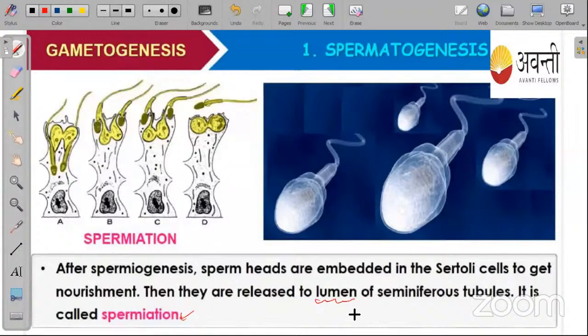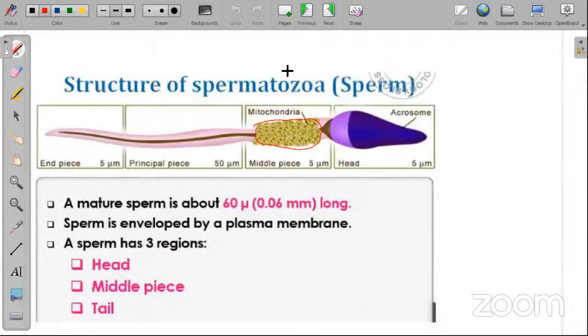Spermiation. After release of sperm into the lumen, that sperm cell is a completely mature sperm cell. Okay, clear? Next is the structure of spermatozoa. So you can see this is the head region. Head region contains an acrosome. Acrosome contains a lytic enzyme.